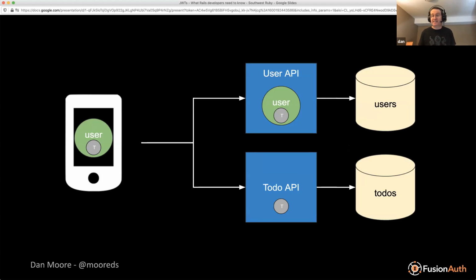Well, the next step to take is to use an opaque token. So when the client authenticates with the user API, after verifying the user is who they say they are based on a password and a username typically, but it could be MFA, it could be any other solution, the user API is going to generate some opaque token.